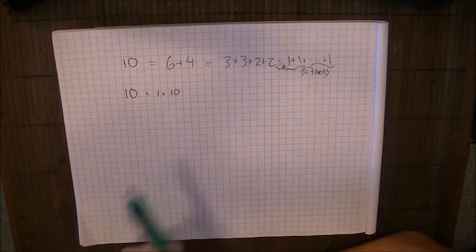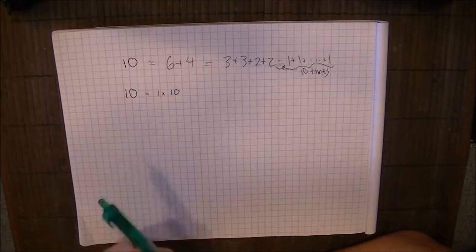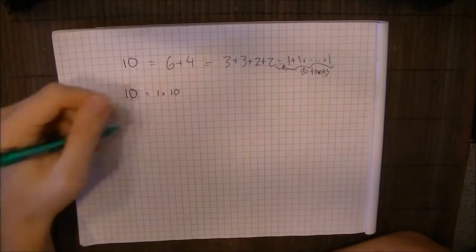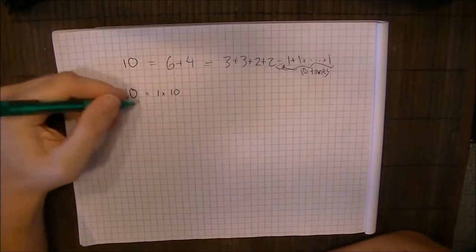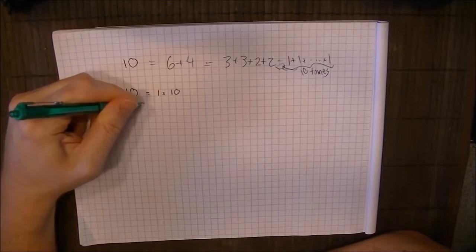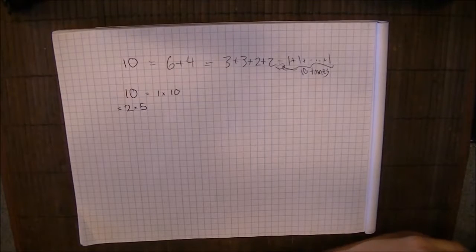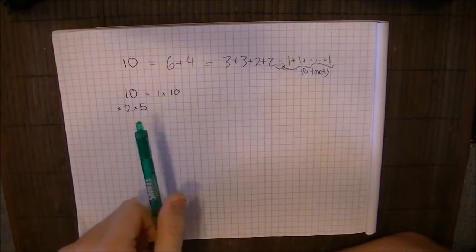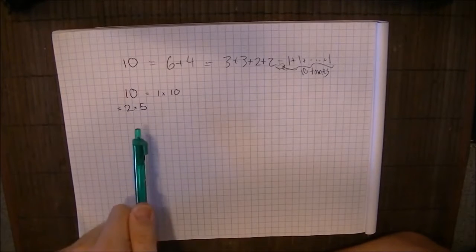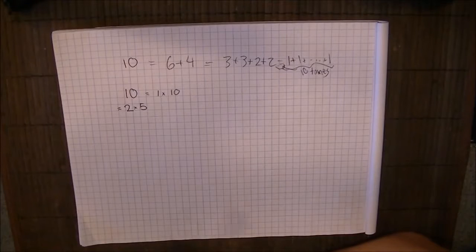For any number that you pick, 1 will be a factor of it, and the number itself will be a factor. So instead, let's look at another option, which in this case would be 2 times 5. This is a new way of looking at it, right? We have 2 times 5 equals 10, that's true. So 2 is a factor of 10, and 5 is a factor of 10.